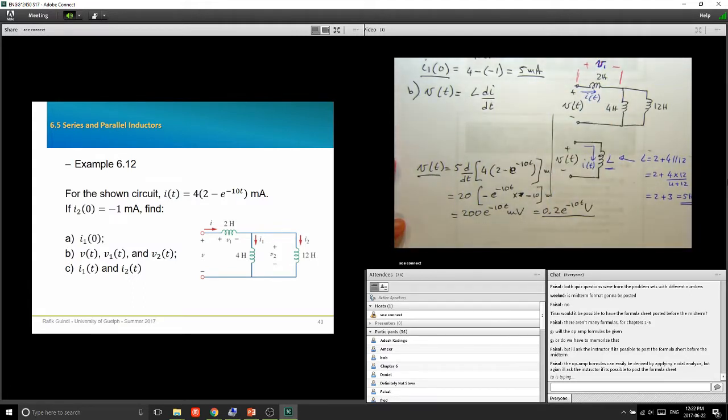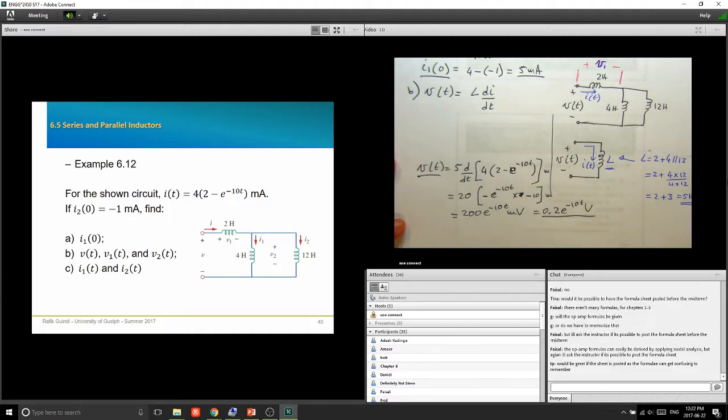That's given on the circuit in the slide. So V1 of t equals this L, which is 2. di dt is the same current I. So it's d by dt 4 times 2 minus e to the negative 10t. And again, it's going to be in milli, right?